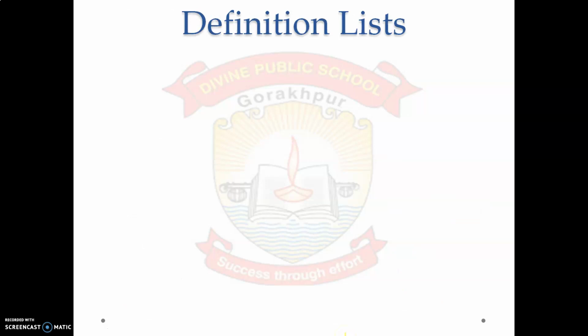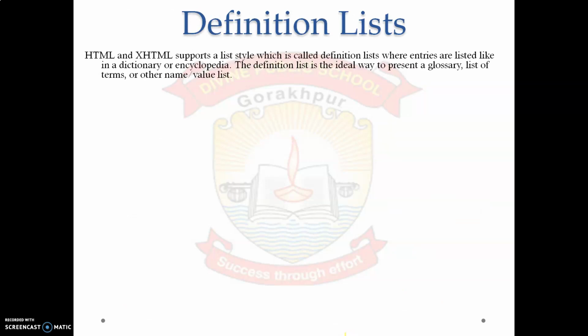We have definition list. HTML and XHTML support a list style which is called definition list, where entire entries are listed like in a dictionary or encyclopedia.